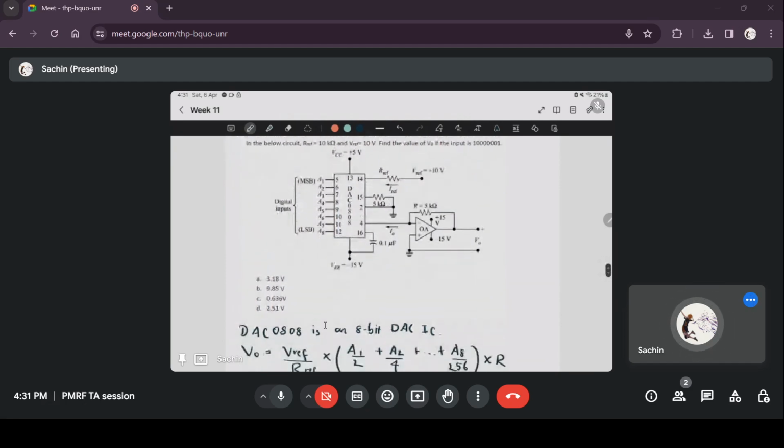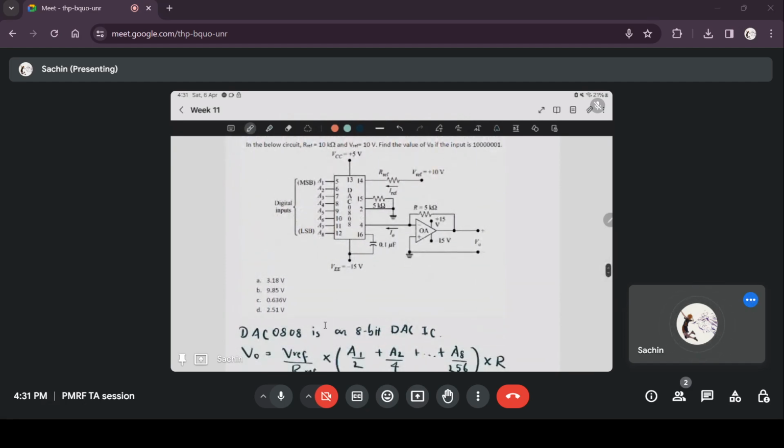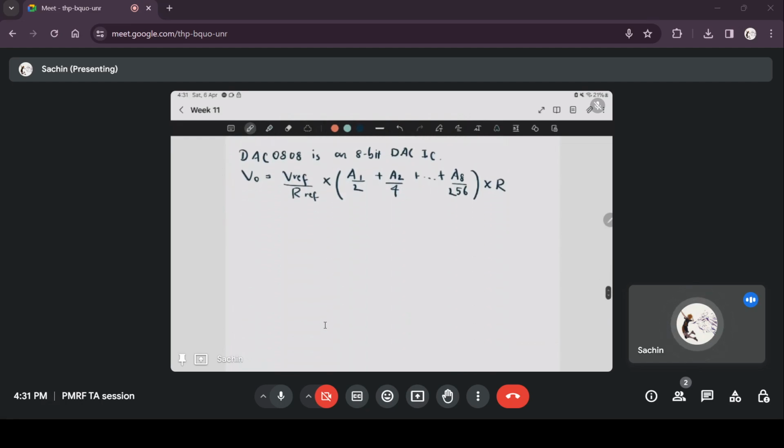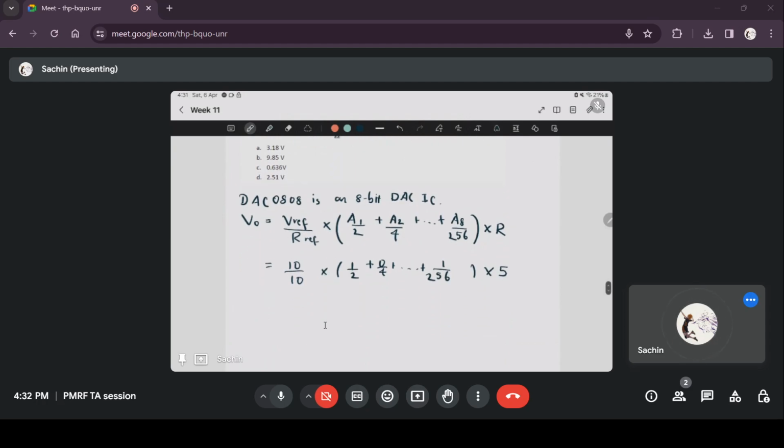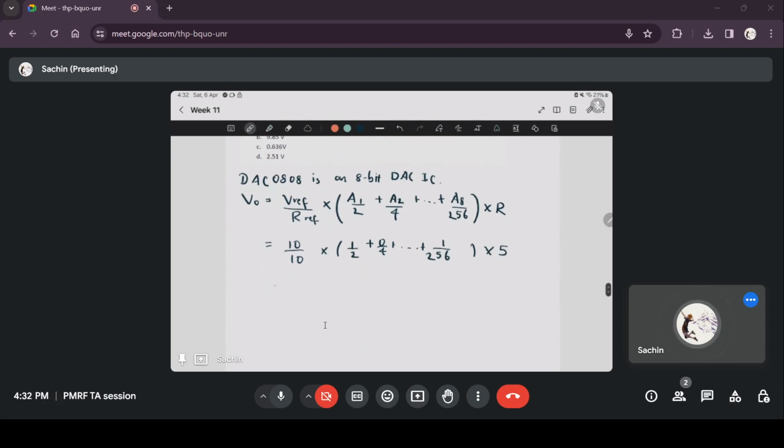Substituting the values that they have given, Vref is 10, Rref is 10 kilo ohms, and R is 5 kilo ohms. This is 10 by 10 into this into 5. And A1 is 1, A8 is 1, rest are all 0. So you get half plus 0 by 4 plus etc. plus 1 over 256, which will be 0.503.